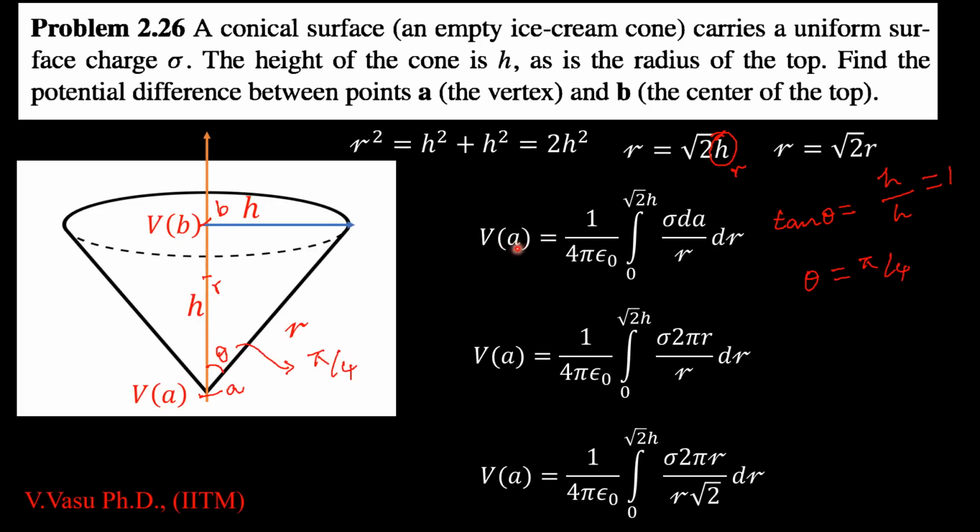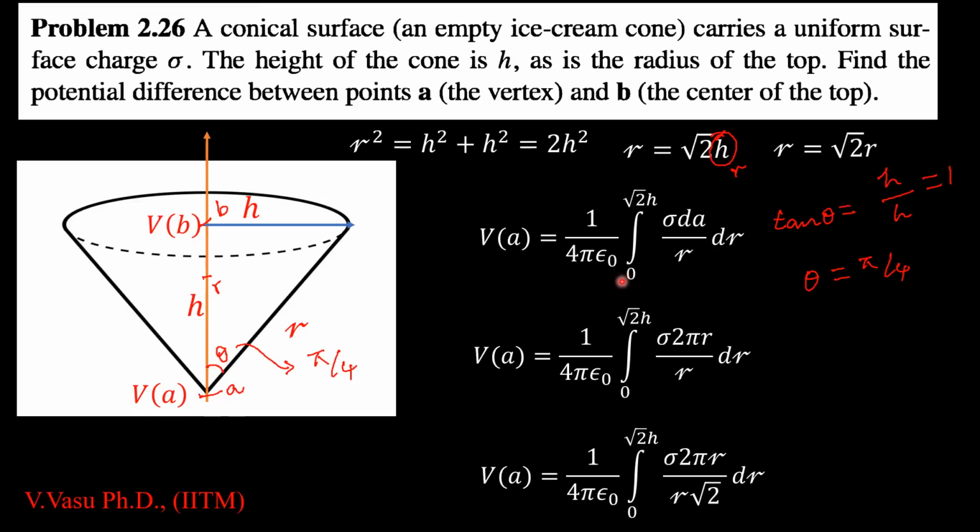What is V of A? By definition, it is equal to 1 over 4 pi epsilon naught, integral between 0 to this length. What is this length? Script R, which is square root of 2 h.